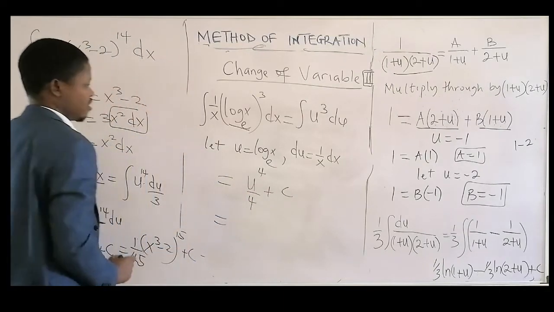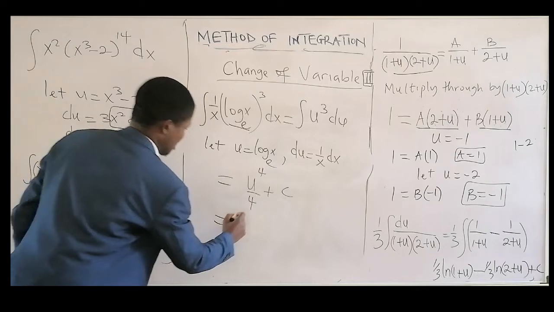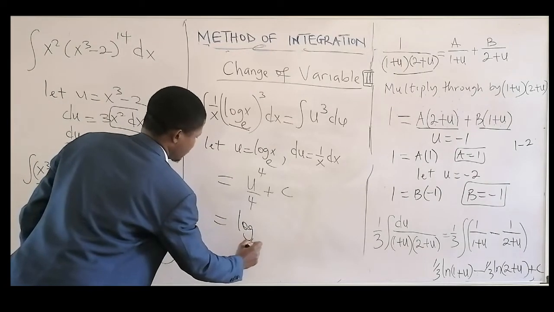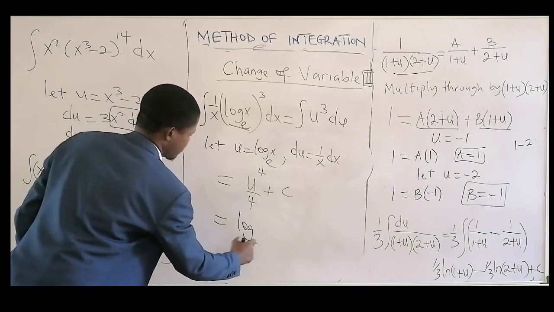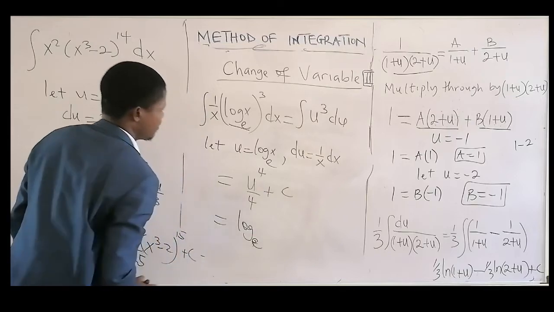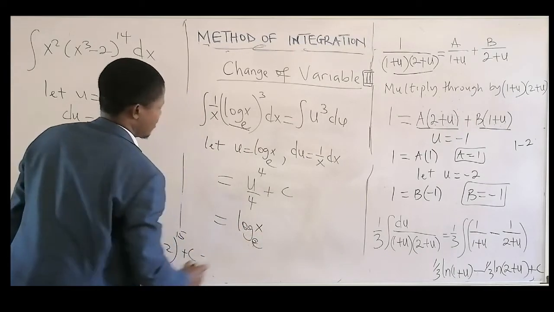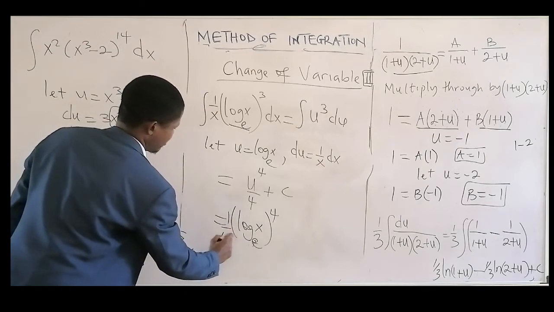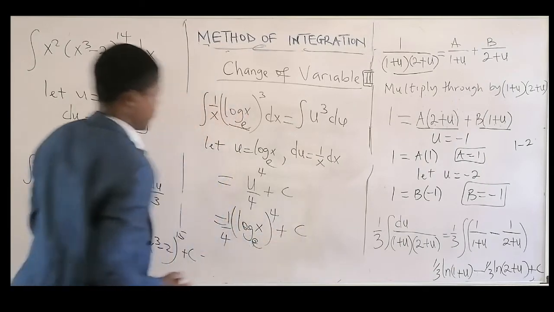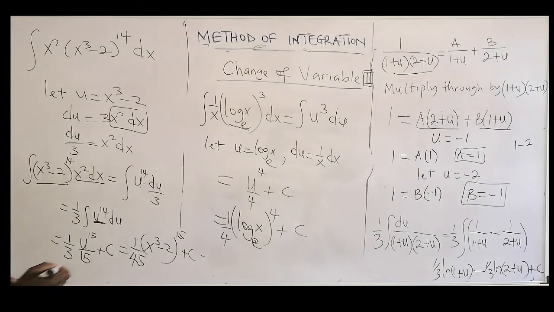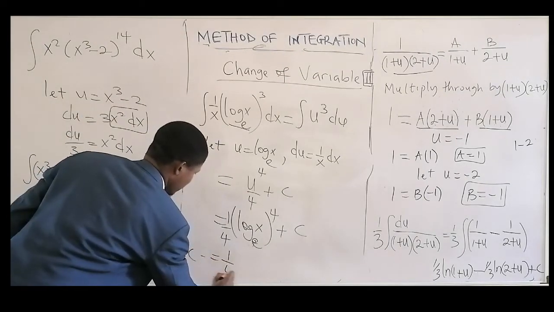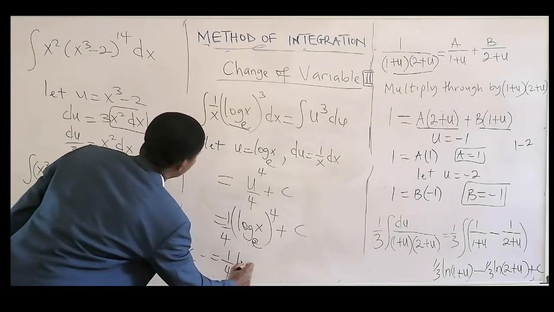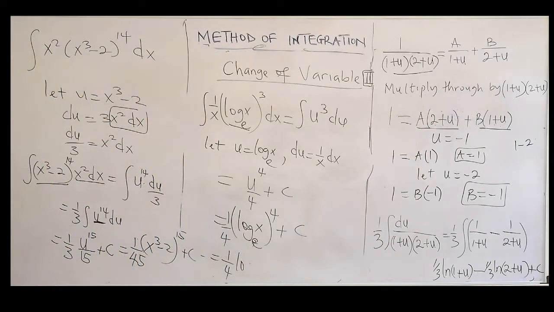Then return your u back. Your u is log to base e of x, to the power 4, and then 1 over 4 can be beside, plus c. Which you can write as 1 over 4 (log x) to the power 4. That's that on that question.